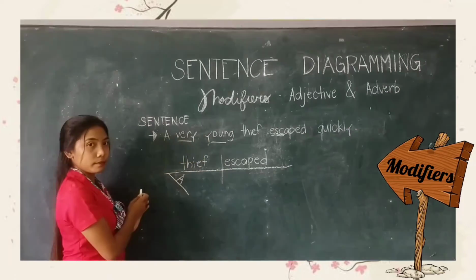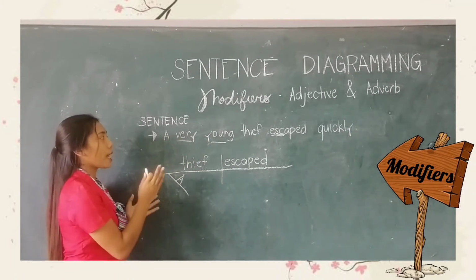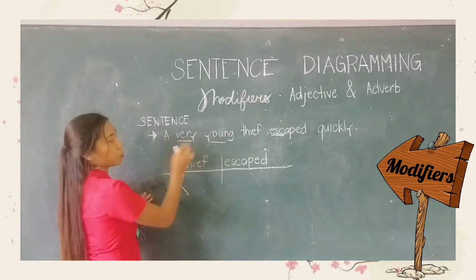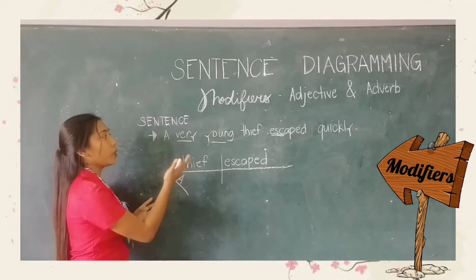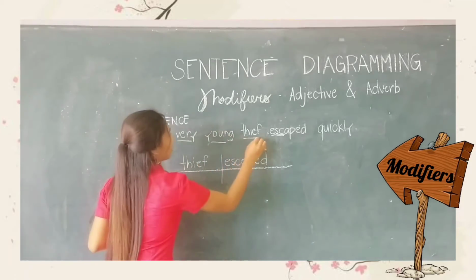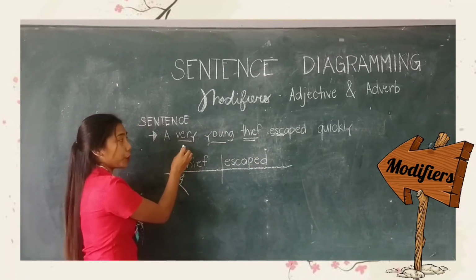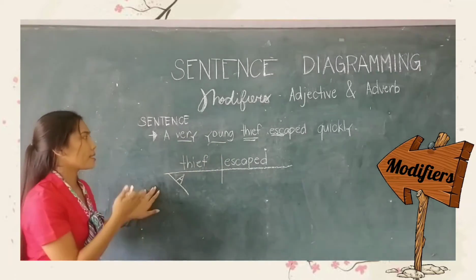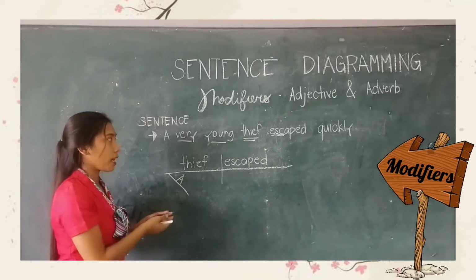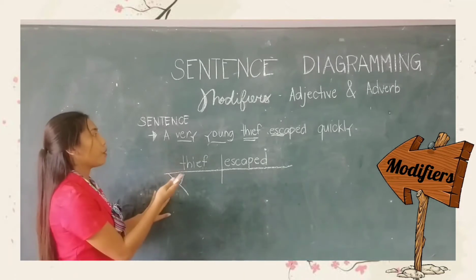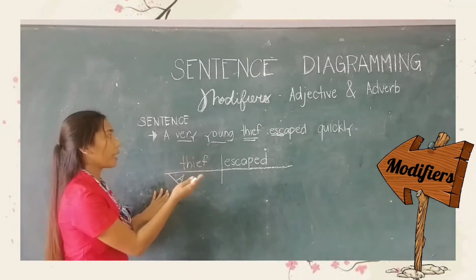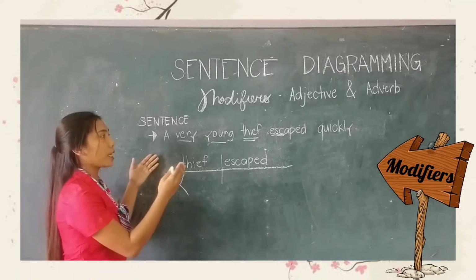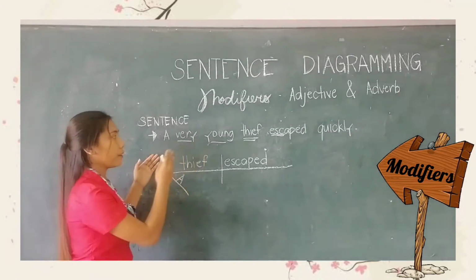Very young. So let us first identify what is the adjective in the two. What is exactly the word that modifies the thief? Is it the word very, or is it the word young? So let us ask a question. What kind of thief escaped quickly? According to the sentence, the thief that escaped quickly is a young thief.